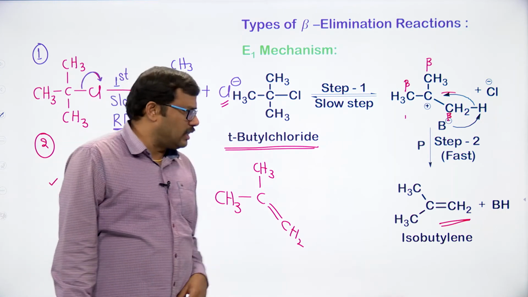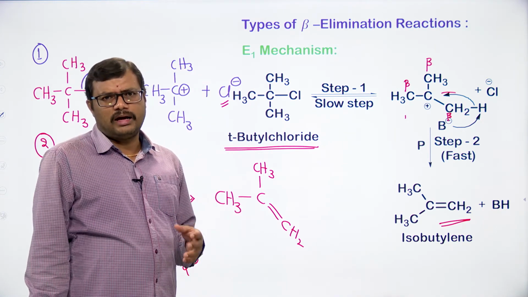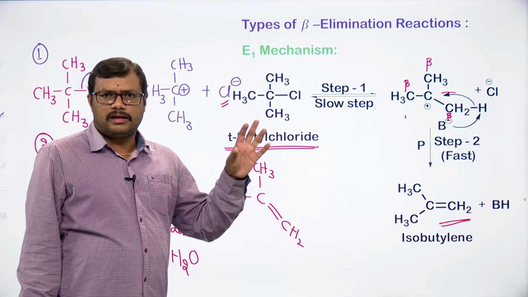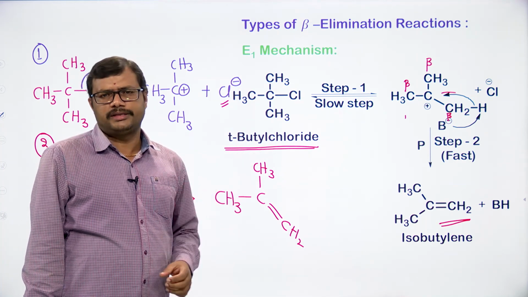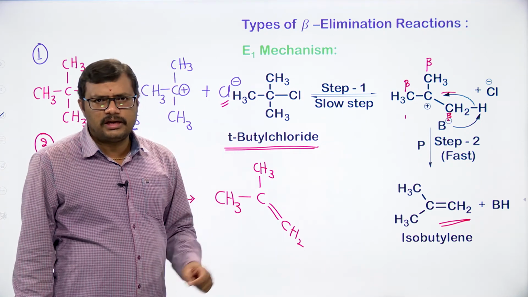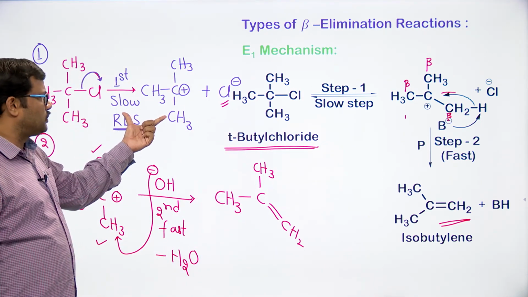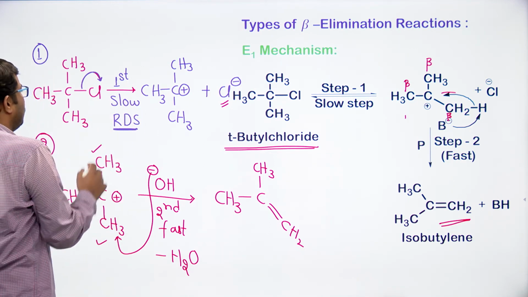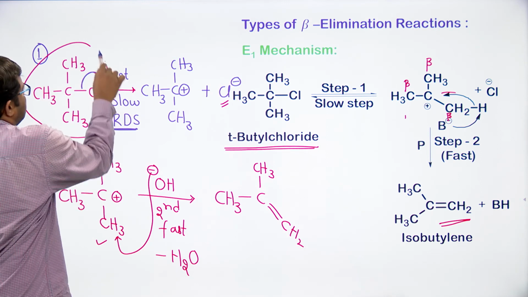So, if you observe here, as I told you, always the slow step we are going to consider for the rate determination, speed determination, velocity of the reaction determination. We always consider the slow step. So, this is the slow step. How many species are involved in this slow step? Only one species is involved.